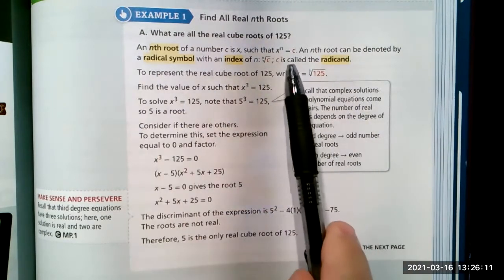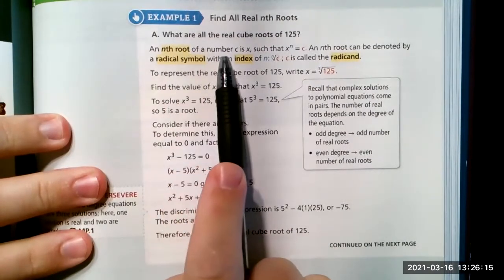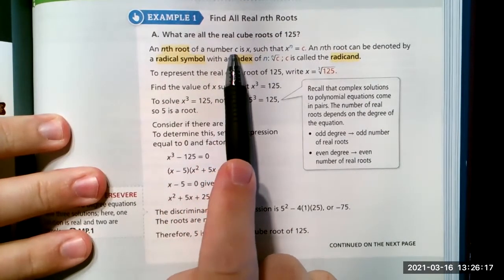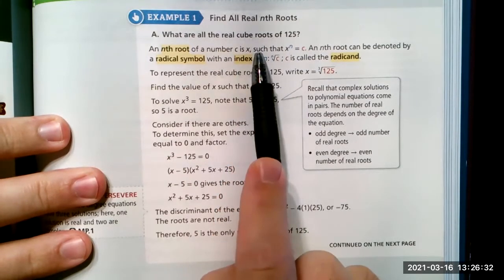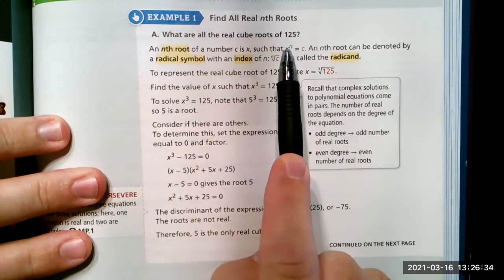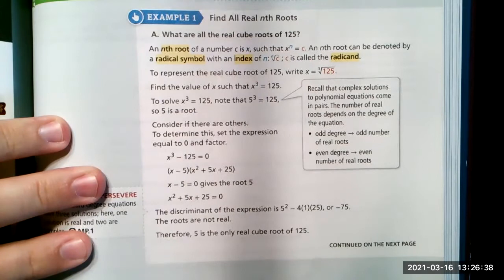So it's starting off with some vocab. The nth root of a number C, so they're just saying any constant, that's what C represents, is X. So you can take the nth root, which is the square root, the second root, the third root, which is the cube root, the fourth root, the fifth root. Doesn't matter what root, they're just saying it's X, such that X to the nth power equals C. So you can go back and forth.